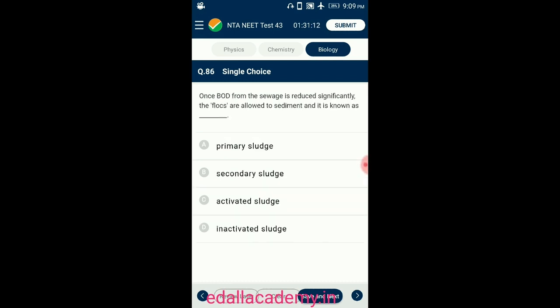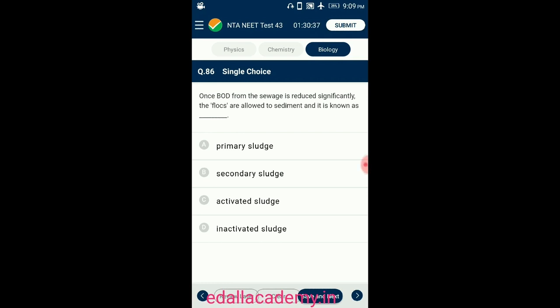Question number 86. Once biological oxygen demand diminishes significantly, the flocks are allowed to sediment and it is known as dash. Once BOD of sewage water is reduced significantly, the effluent is then passed into the settling tank where the bacterial flocks are allowed to sediment. This sediment is called activated sludge.